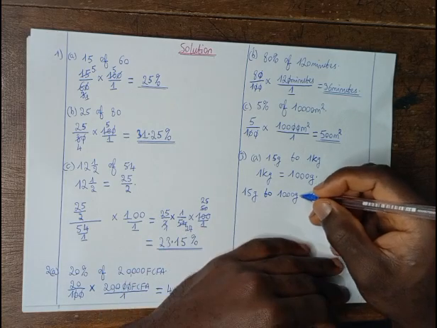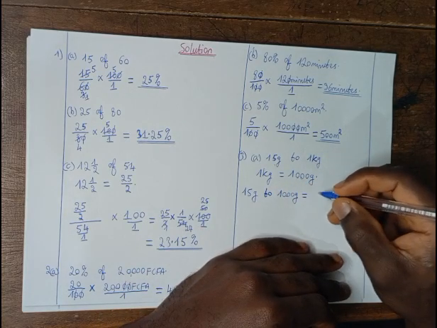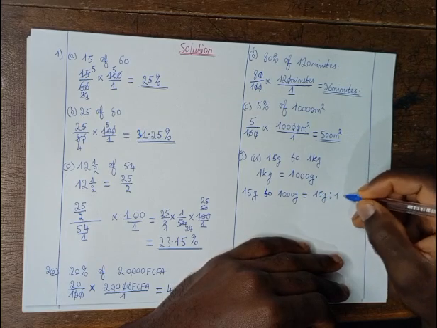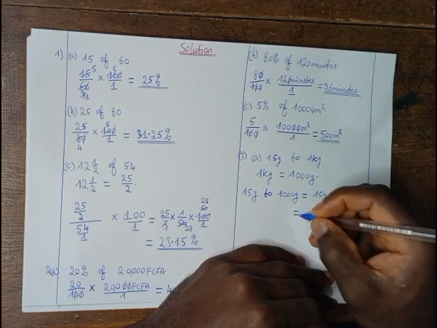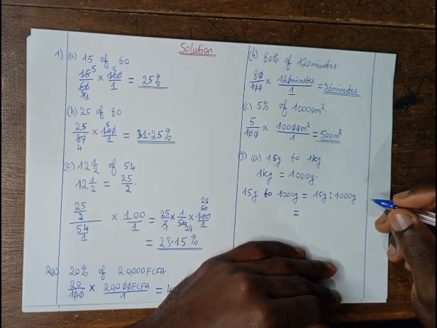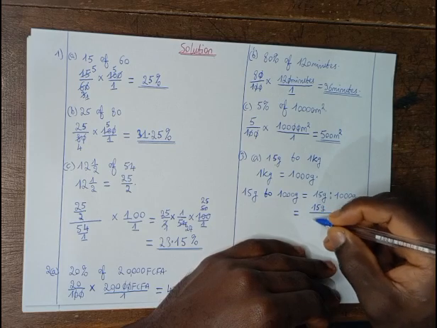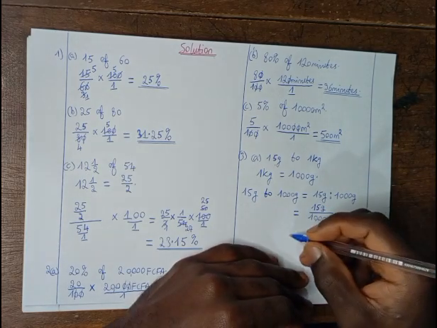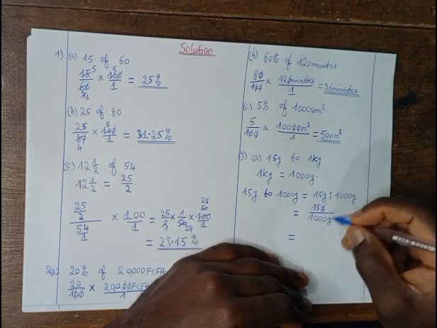You can write it as such, 15 grams to 1000 grams. Next, now we can express this ratio in fractional form. This will give us 15 grams over 1000 grams. Next, now we have to simplify. The grams will cancel. This gram and this gram will cancel.